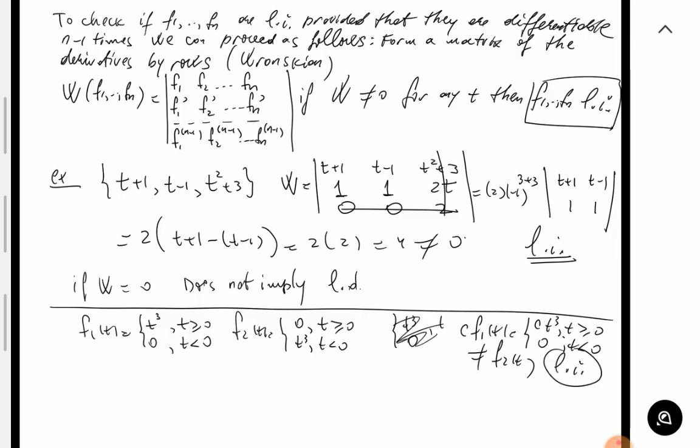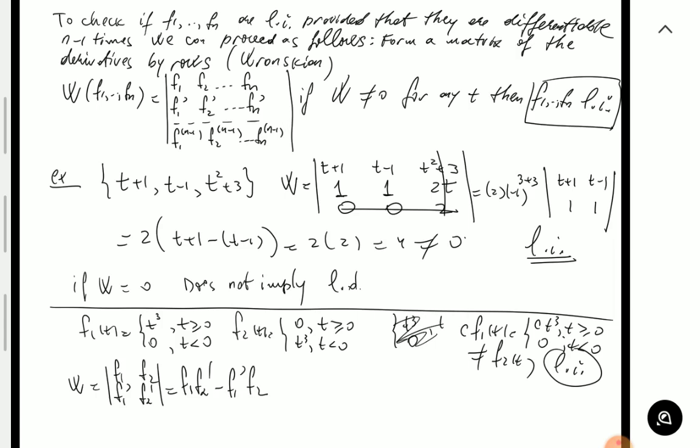This is linearly independent, yet the Wronskian is actually equal to 0. If you take f1, f2 on the first row, f1 prime, f2 prime in the second row, the Wronskian is f1 f2 prime minus f1 prime f2.